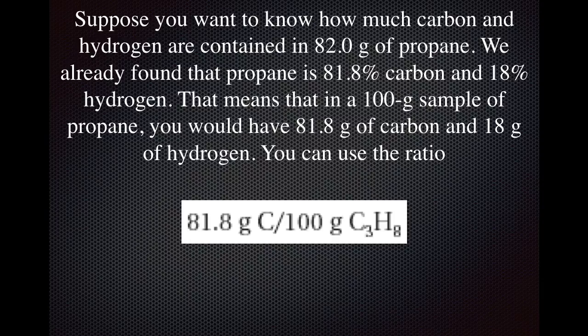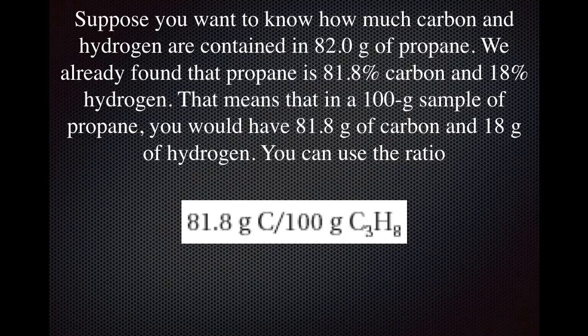Suppose you want to know how much carbon and hydrogen are contained in 82.0 grams of propane. Again, they didn't even give you the formula yet, but at the bottom you know that propane is C3H8 and you have 82 grams of that. You already know that propane is 81.8% carbon and 18% hydrogen.